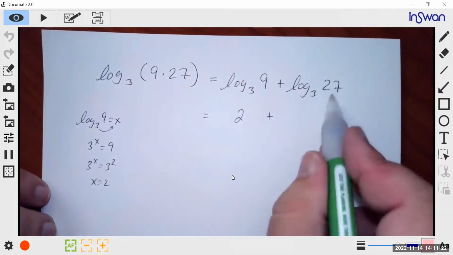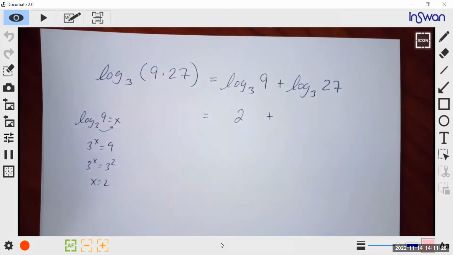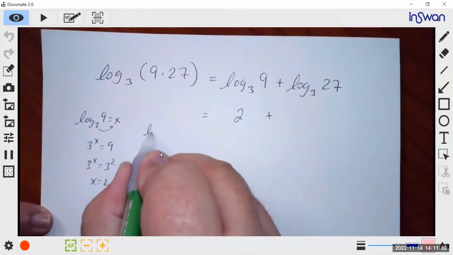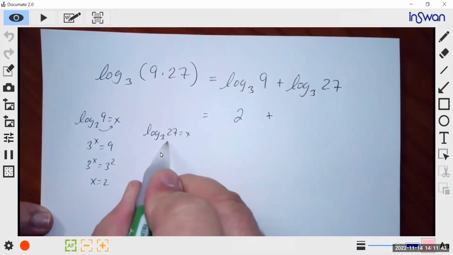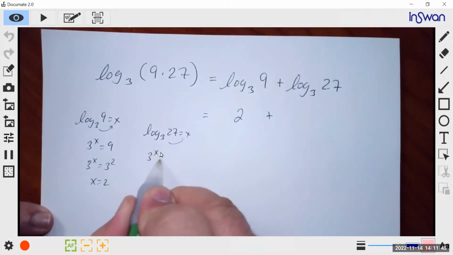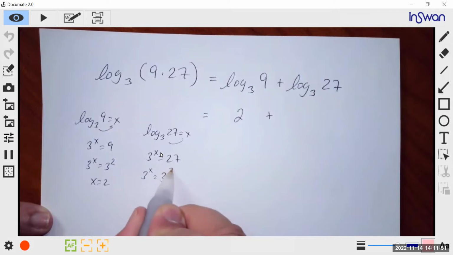Do the same thing with this one. Log base 3 of 27 equals x. 3 to the x equals 27. 27 is 3 times 3 times 3.